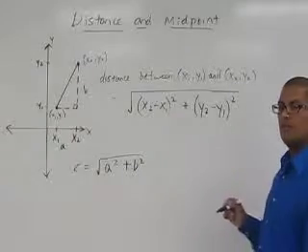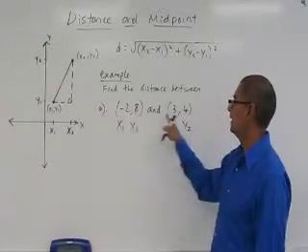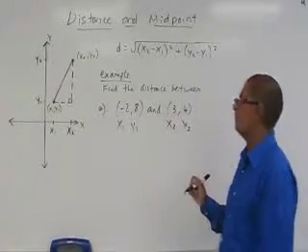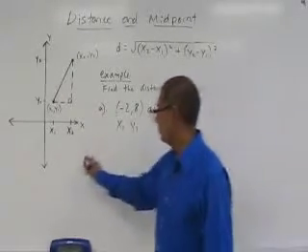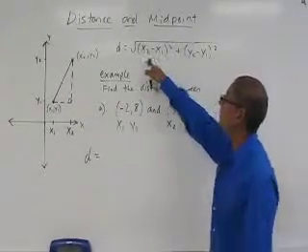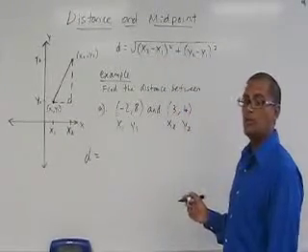So let's take a couple of examples of using this formula. Here we want to find the distance between the points negative 2, 8 and 3, 4. I've labeled them x1, y1, x2, y2. You take the difference in x's, square it, and add it to the difference in y's squared.